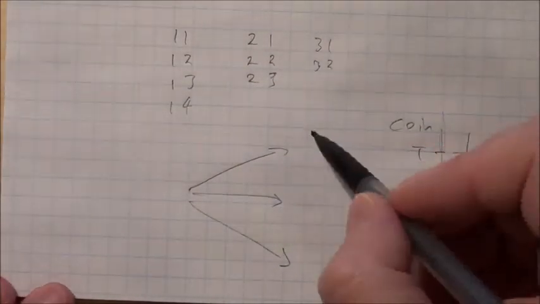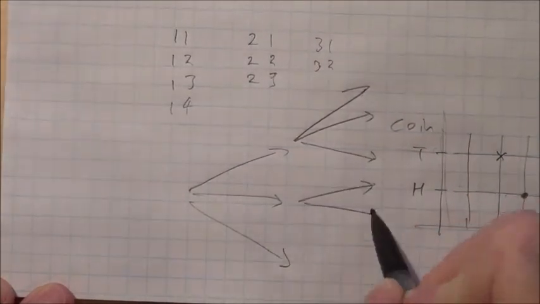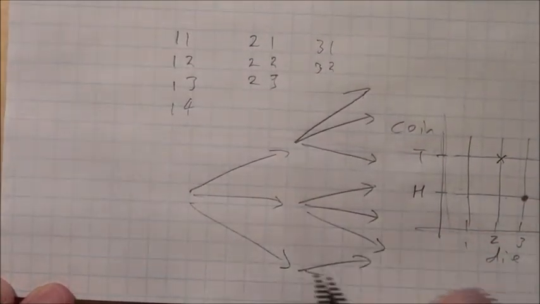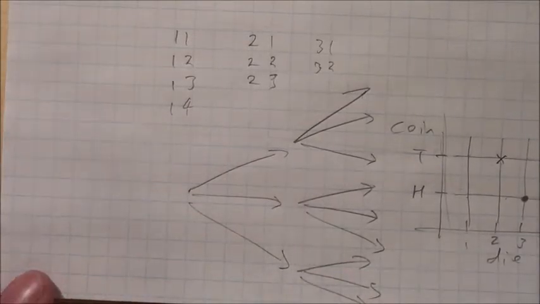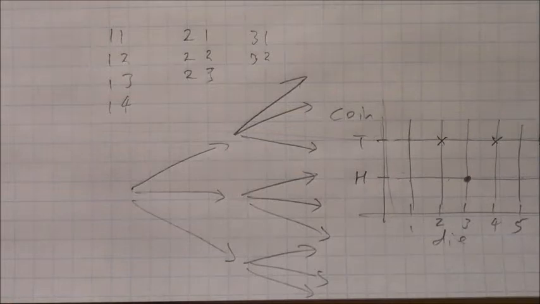And then from there we could branch off again, hence the appearance of branches of a tree. But we will look at more of that tomorrow in class when we look at a few more examples. So that's basically that. When we talk about sample space, we're talking about all the different outcomes that are possible in an experiment.